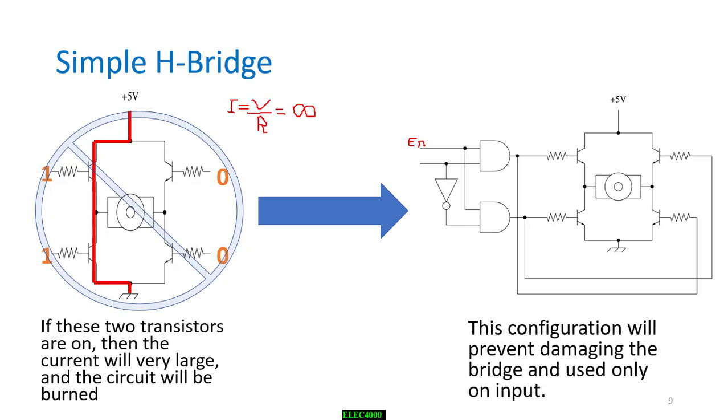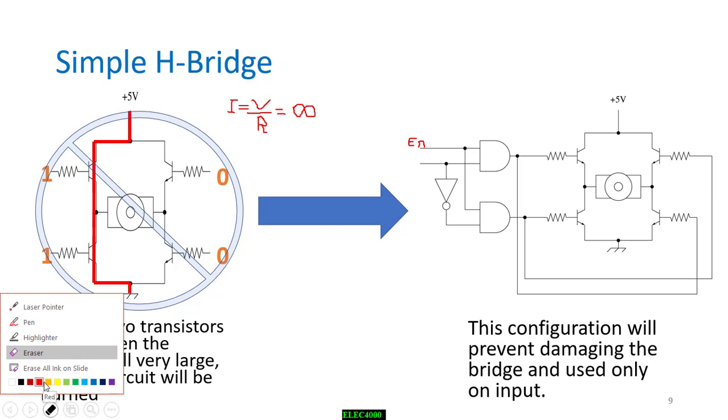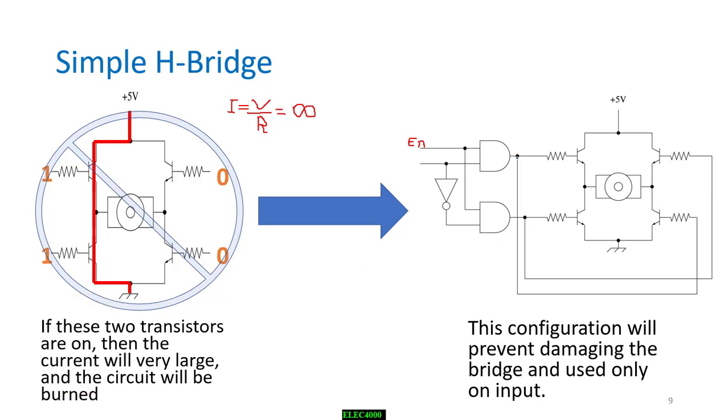If En is equal to 0, the output of both AND gates will be 0 and the motor will not start. On the other hand, if En is equal to 1, then the output of these AND gates depends on the input here.